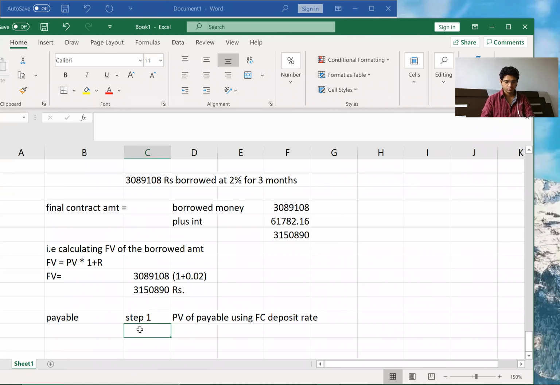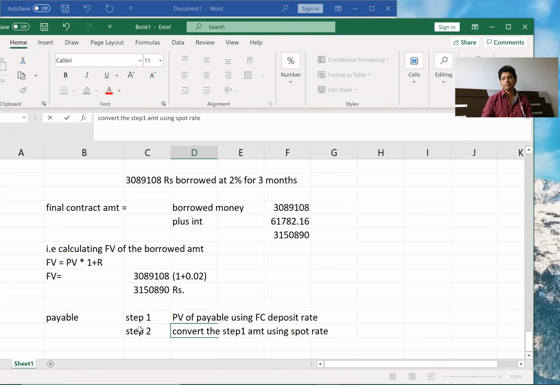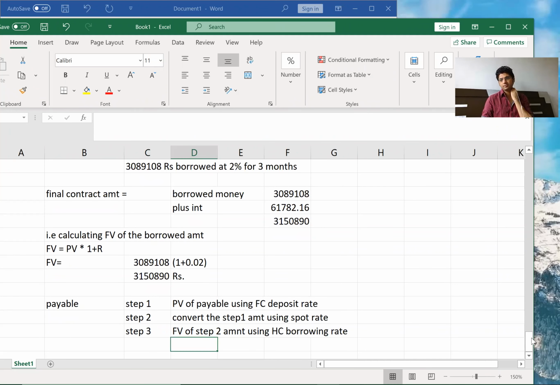Step 2: convert the step 1 amount using the spot rate. Step 3: calculate the future value of the step 2 amount using the home currency borrowing rate. That's it.